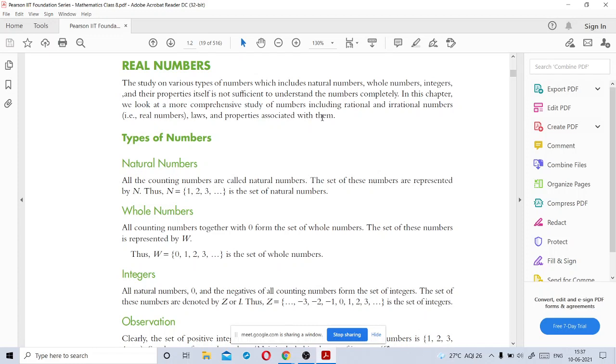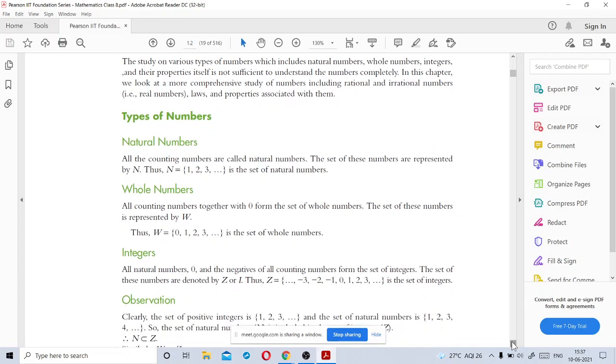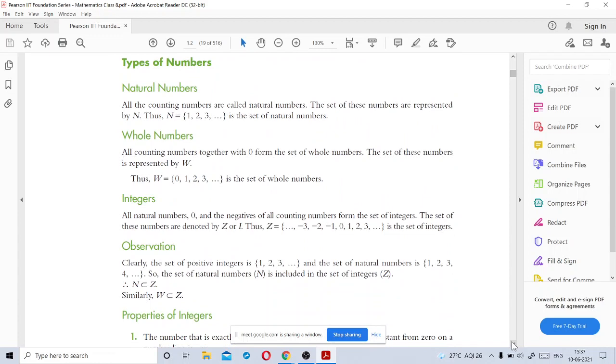Now, come to the types of numbers. We know already these types of numbers. We are just recollecting the previous knowledge. What are the types of numbers? First type, natural numbers. All counting numbers are called natural numbers. You know already, you know well. Yes or no?